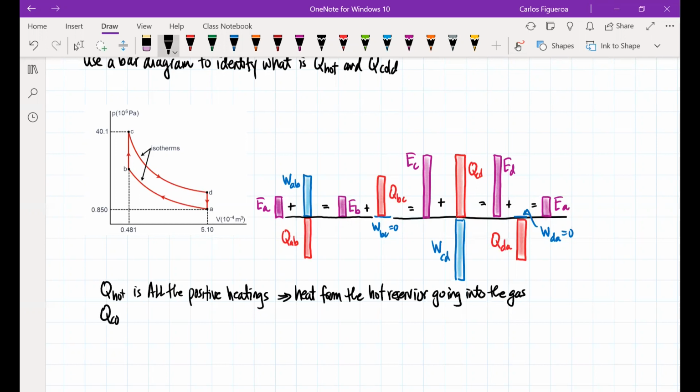And Q cold is all the negative heatings. And this is the heat ejected into the cold reservoir.